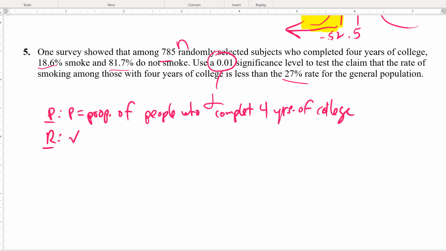What are the requirements? Randomly selected, so it was stated. Well, what is our success rate? Well, 18.6% of what? I need that. 0.186 of the 785 is 146.01.